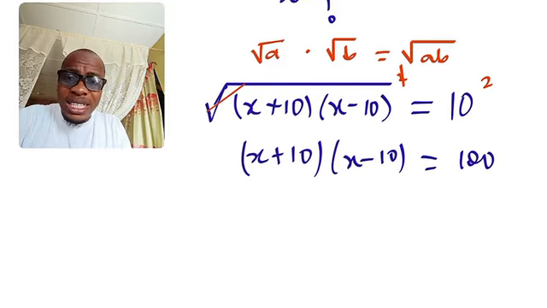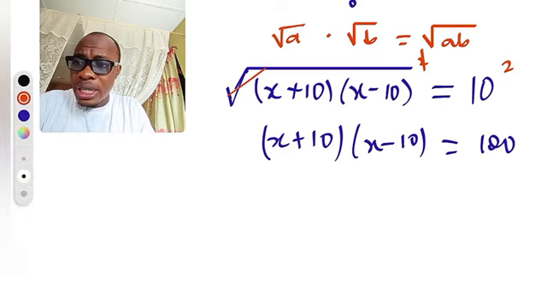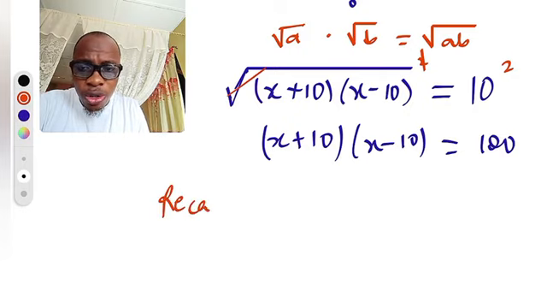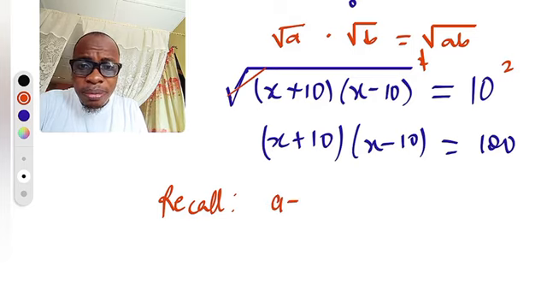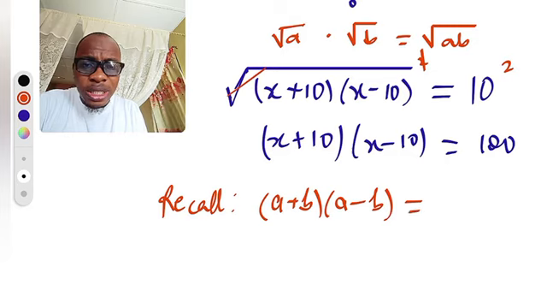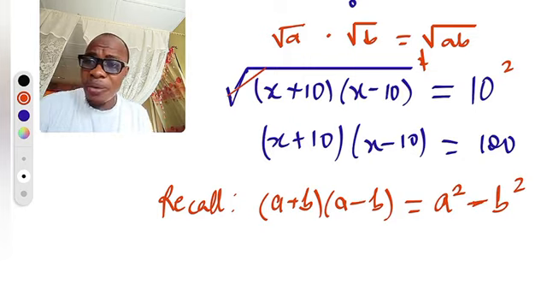Now looking at this, I want you to recall again that when you have a plus b times a minus b, this is the same thing as a squared minus b squared. That is the difference of two squares.